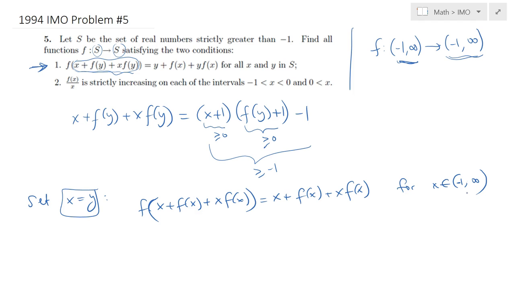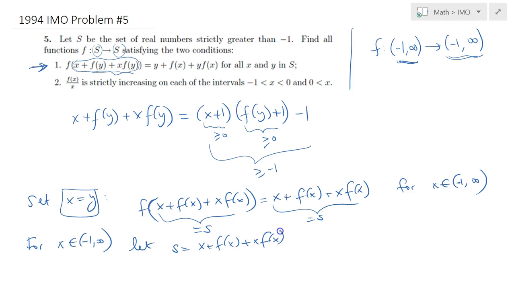Therefore it looks like we have a fixed point here. So for x in this range, we can denote this expression as s. Let s be equal to x plus f of x plus x f of x. Then this implies that f of s is equal to s, suggesting that s is a fixed point of the function f.